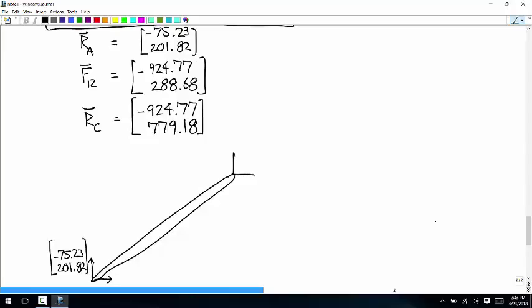And up at the top, there's two force vectors acting on this body. Let's add them both together. There's this force vector, F12, and then a force in the positive x direction of 1,000. So that comes out to be positive 75.23, and then positive 288.68.